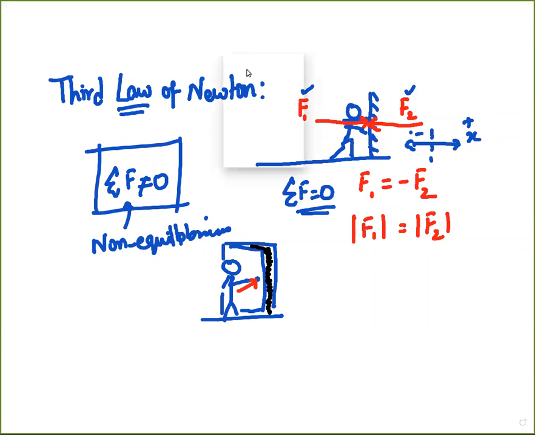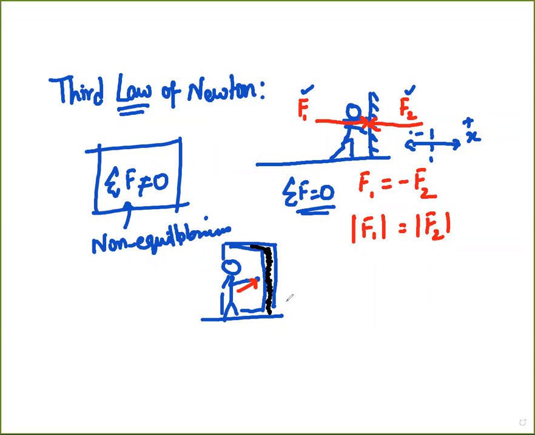So my question was, well, the door opens, which means the amount of force that you applied on the door is not equal to the amount of force that the door is applying on you. And why did I say that? I said that because this is clearly a situation of non-equilibrium. There is an acceleration on the door.